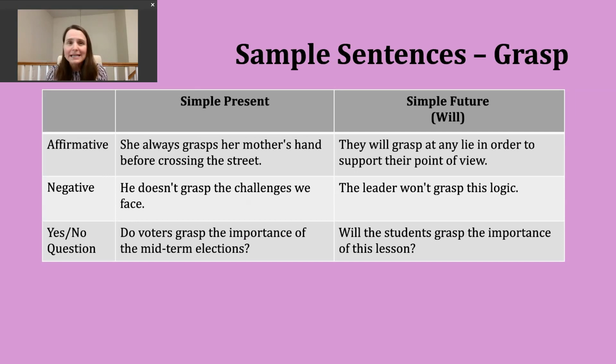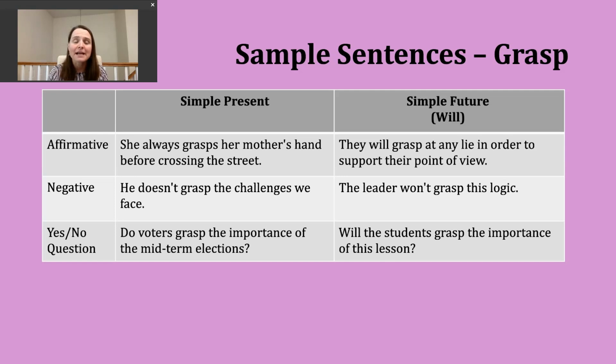The trickiest thing about the simple present is that our form of the verb is going to change based on what our subject is. So if our subject is I, you, we, or they, we're just going to use the base verb. But if our subject is he, she, or it, then we're going to add an S to the end of this verb.